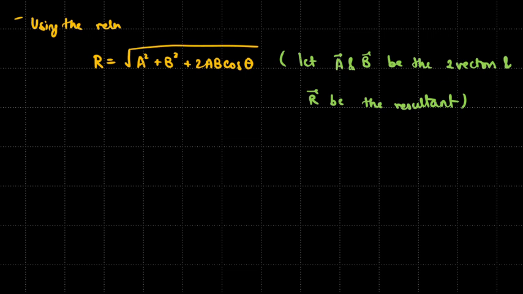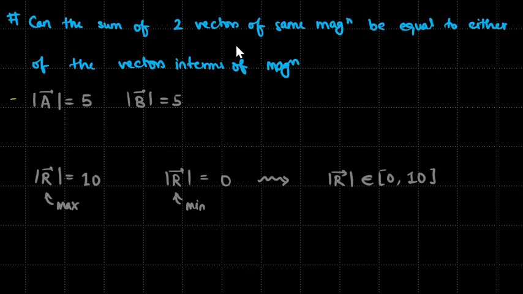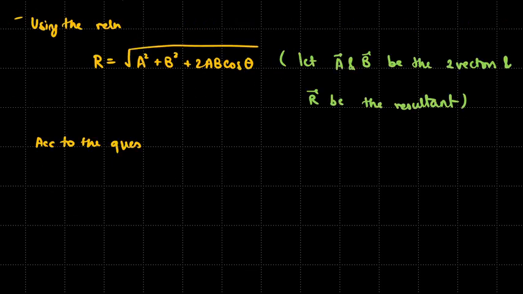Now, according to the question, we know that there are two vectors of the same magnitude, vector A and B. So the magnitude of vector A is equal to the magnitude of vector B, A equals B in terms of magnitude.